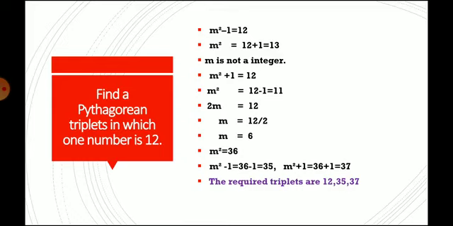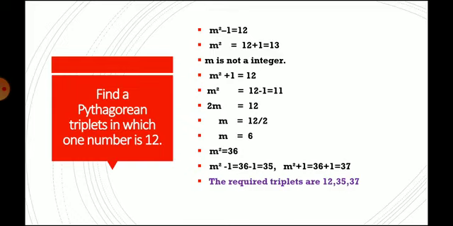Then 2m, which is equal to 12. After that, if we substitute the values and simplify, m equals 12 divided by 2, because 2 and m are connected by multiplication.